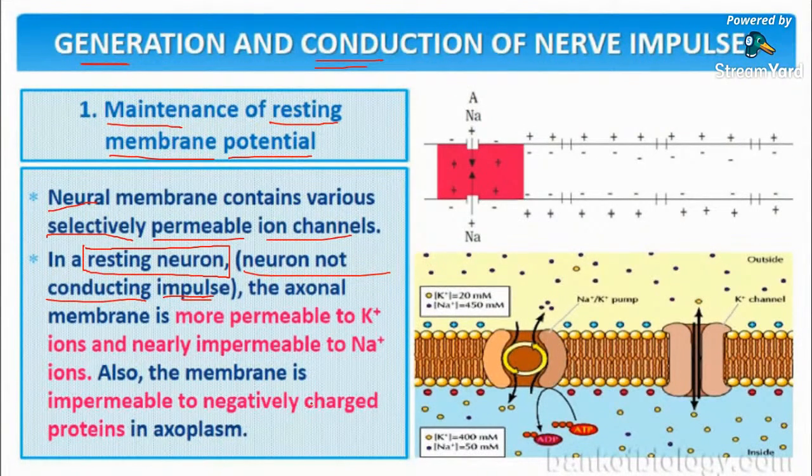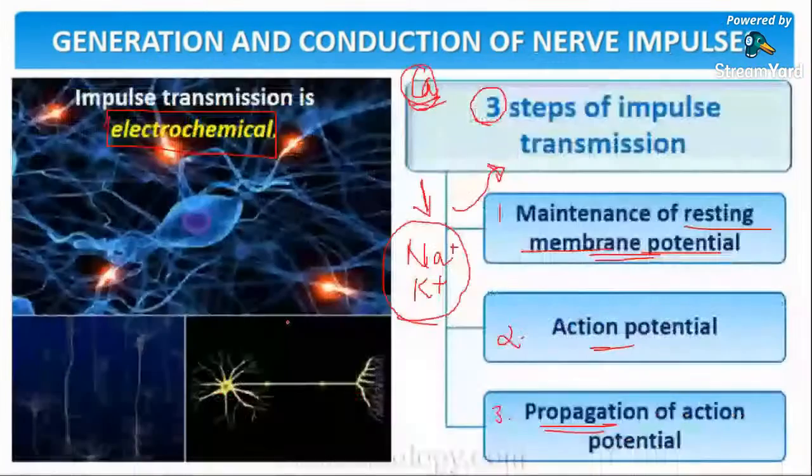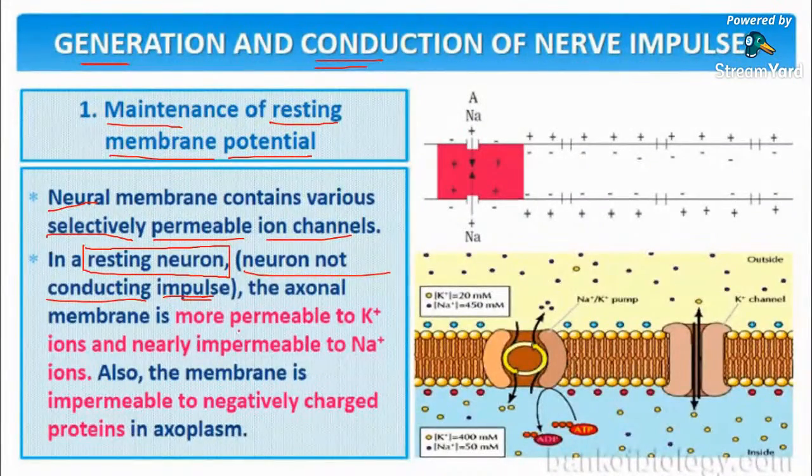In a resting neuron, you can see that the axon membrane, suppose this is the axon membrane, this red line I am marking, is more permeable to potassium ions and nearly impermeable to sodium ions. Guys, take out your NCERT and mark this sentence there itself right now.